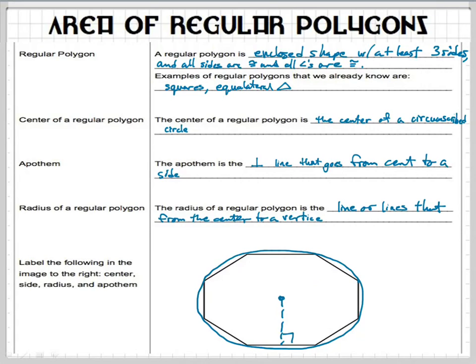So it'd be like this right here. It's also the radius of the circle. The radius could be there, it could be there. It just has to go from the center to a vertex. Label all your stuff here: apothem, radius, center. All these things are very important when it comes to finding the area of this shape.